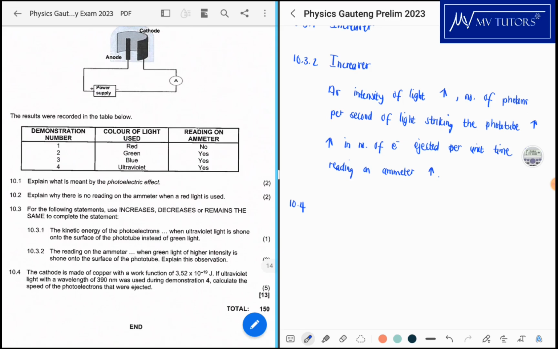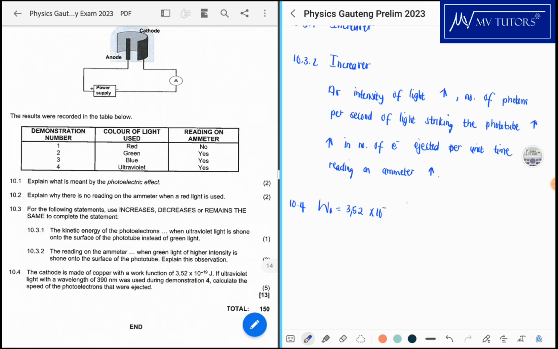Now it says the cathode is made of copper with a work function of 3,52 times 10 to the power negative 19 joules.